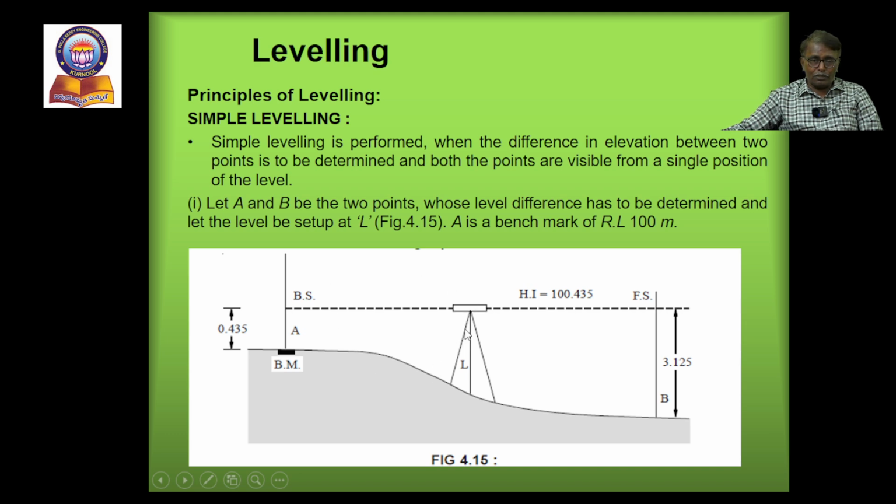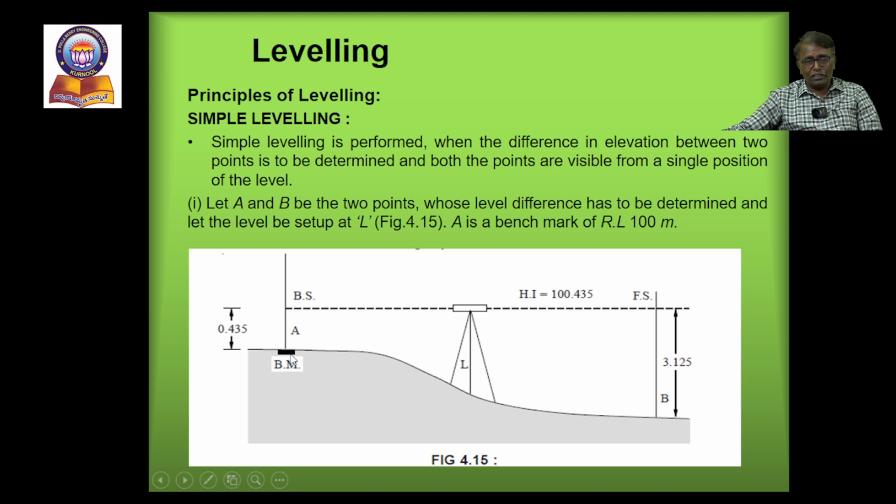The level is set up midway between the benchmark of known elevation, that is point A, and point B, the unknown point whose elevation has to be found out. After doing all temporary adjustments of the dumpy level or leveling instrument at the station L, it is sighted towards the staff which is kept over the benchmark, and the staff reading is taken as BS, backsight reading, and the benchmark value is, let's say, 100. Then this value is added to the reading obtained, here 0.435.